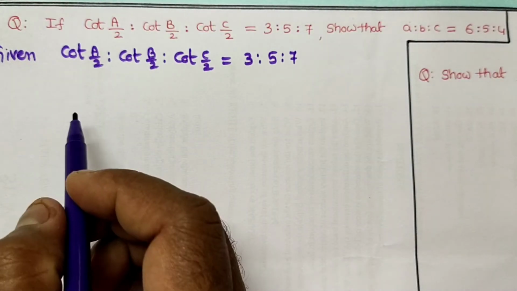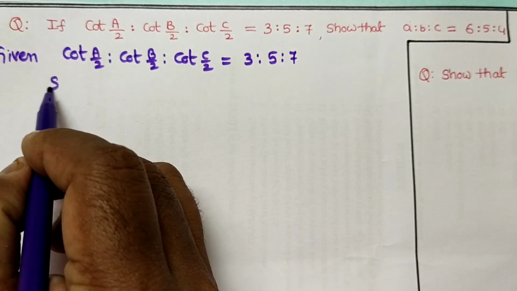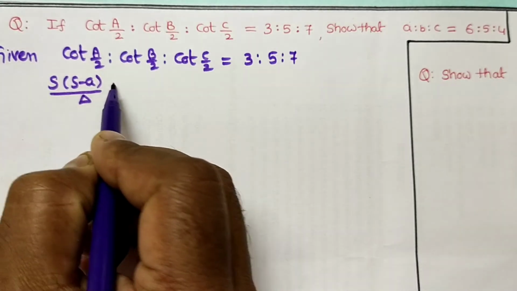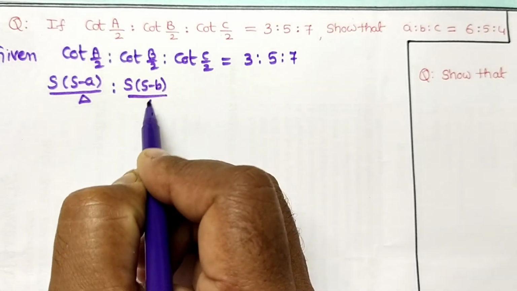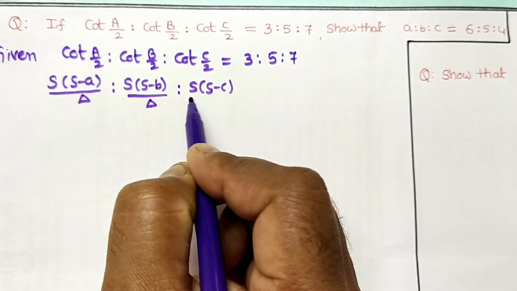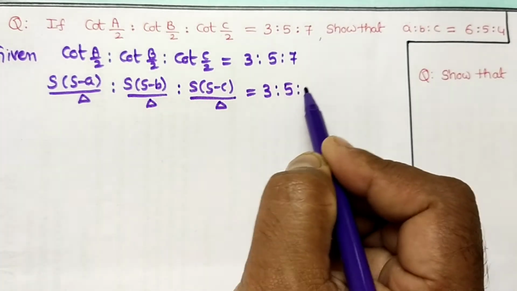So cot A by 2 formula in terms of delta and S: S into S minus A divided by delta is to S into S minus B divided by delta is to S into S minus C divided by delta, which is equal to 3:5:7.